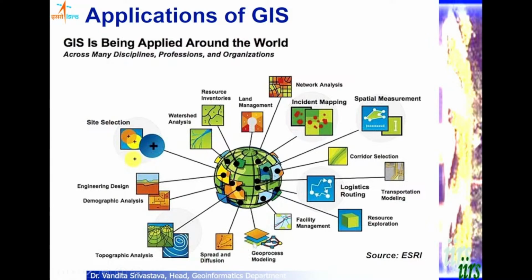So all of this can go in that. And then spreads and diffusion, how the fire is going to spread, how the flood water is going to affect the areas. Then topographic analysis, how the surfaces are distributed, the viewshed analysis. A lot of applications are there of the topographic analysis also. And then the demographic analysis, the population studies, the engineering designs. Everywhere GIS has got use.